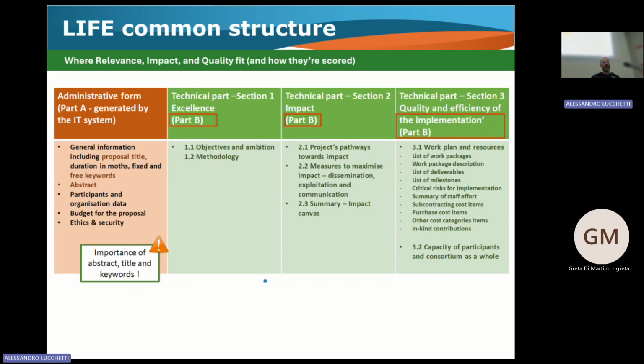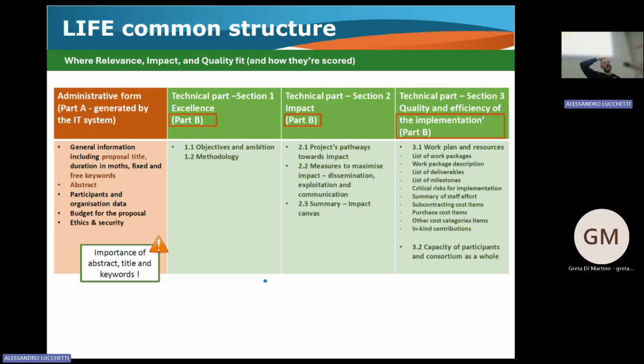When you have a Life project, there are all these parts. The part A, which is more or less the same as in the Horizon project, is the administrative part, which is the boring part of the project because we have to report the details of each partner, the reference person, the CV of the partners, etc. And the part B is your proposal.